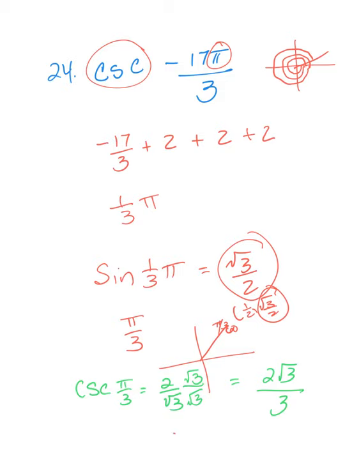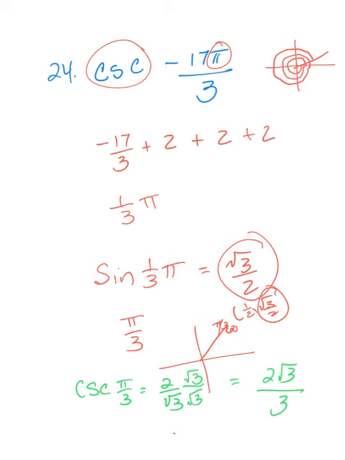How do I test this? If it's in radians and you don't like radians, you can convert 1/3 pi to degrees once you find out it's 1/3 pi. You could also convert negative 17/3 pi into degrees and then add 360 till you get out of the woods. You understand that?